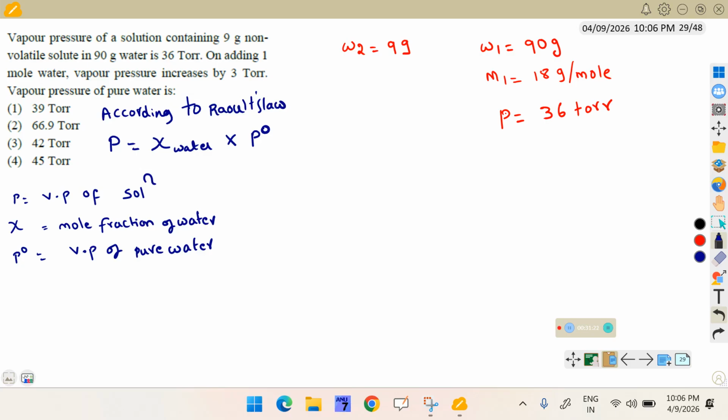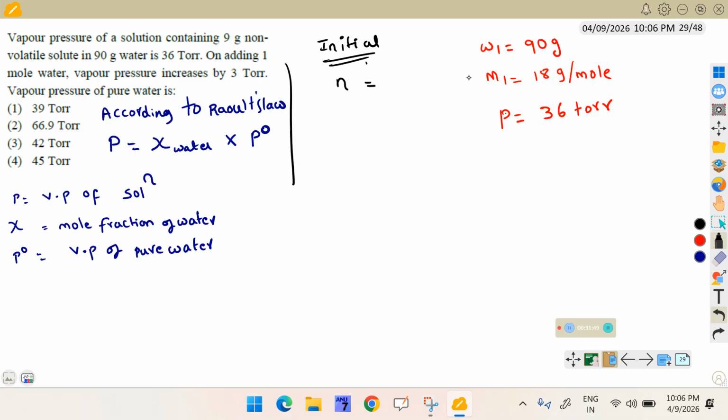Now, the initial condition is given. The weight of water is 90 grams, and the molecular weight of water is 18 grams per mole. Based on this, calculate the number of moles.